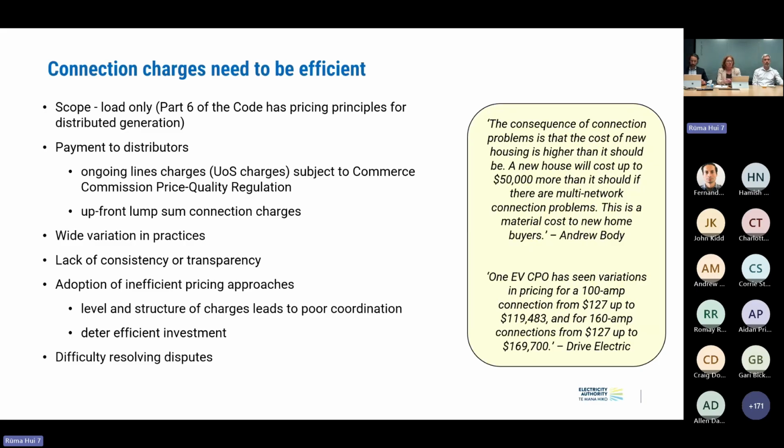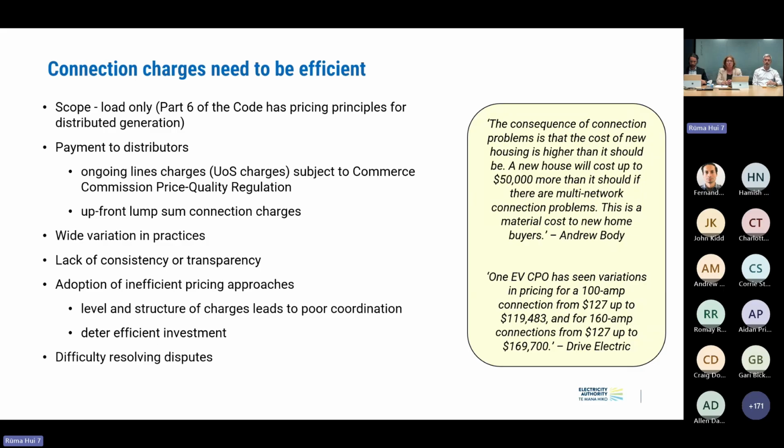The costs of establishing and maintaining distribution networks are recovered through both upfront charges and ongoing lines charges. Network users typically pay a lump sum upfront to the distributor to connect to the network, and then pay ongoing lines charges to electricity distributors through their energy retailer.